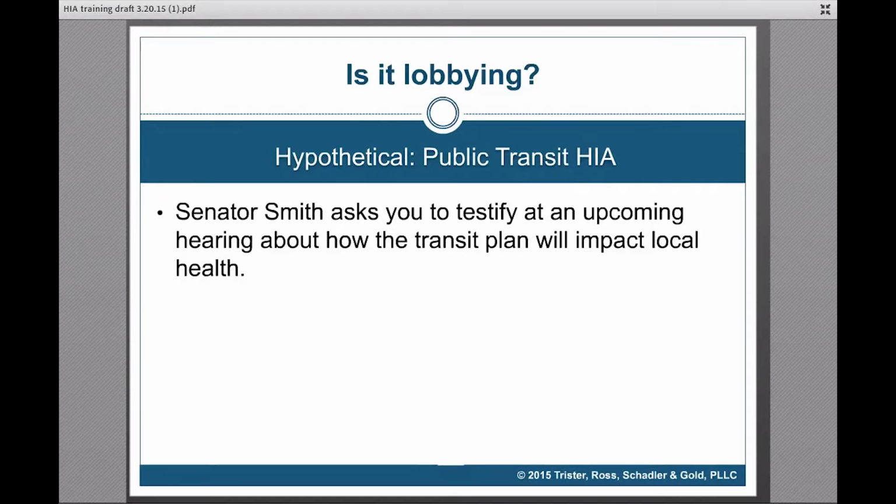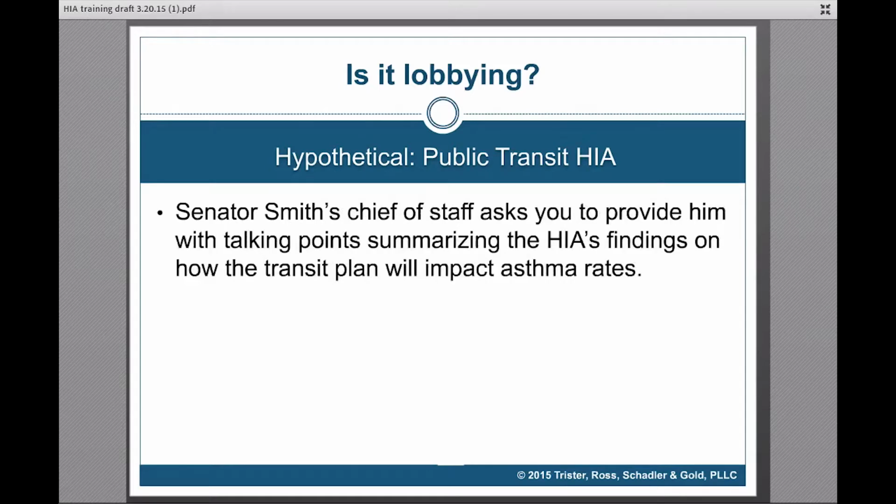But if you collaborated with them and they said, hey, we need some background material to explain why this bill is so bad, can you do an HIA? Or can you make sure that the HIA comes out in time for us to lobby with it? Then those costs could be viewed as lobbying costs, and you just need to demonstrate that you had that broad public dissemination before any of those steering committee members went off and used your plan for lobbying.